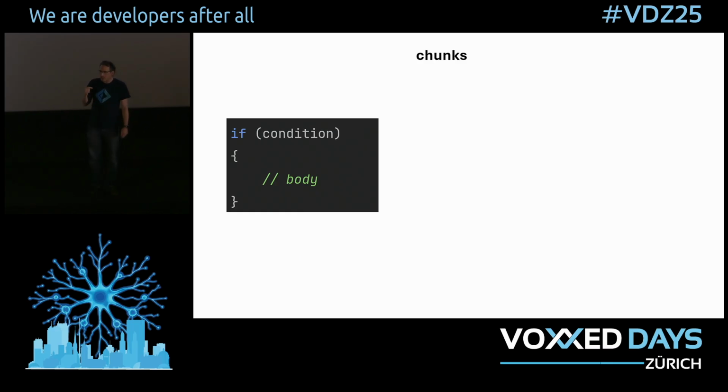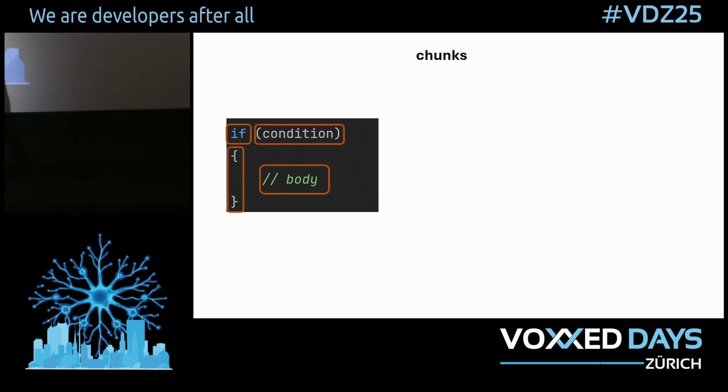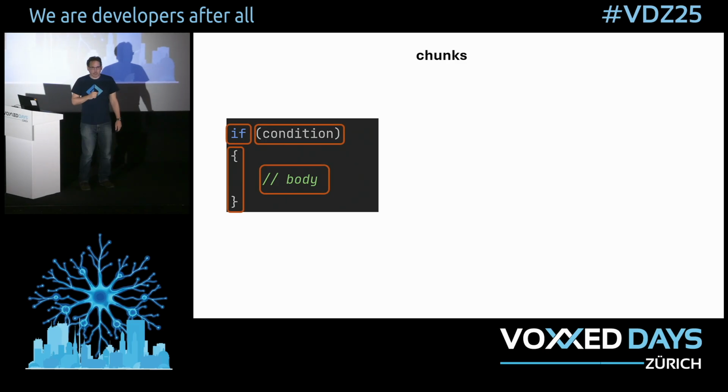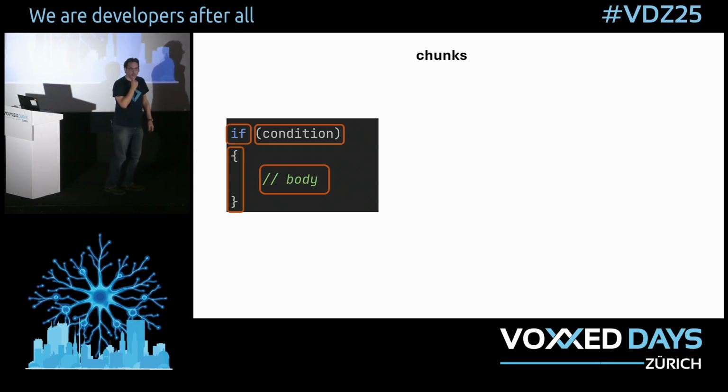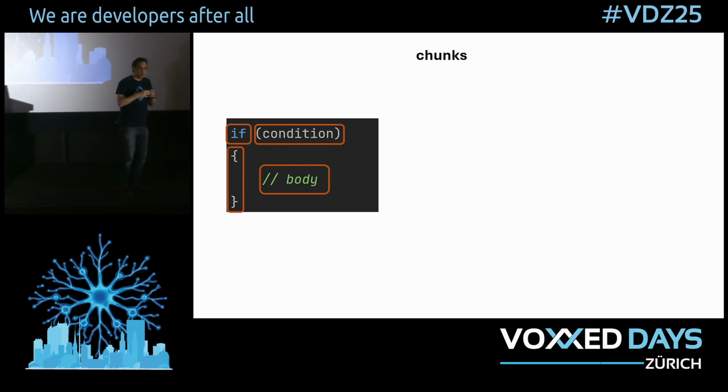But when you see an if statement for the very first time in your life, you see there is this if keyword, then there is a condition, then obviously there have to be some braces, and there is a body. So the first time you've seen an if statement, you probably had 4 chunks, not 1. But with getting used to if statements, the chunk grew bigger.